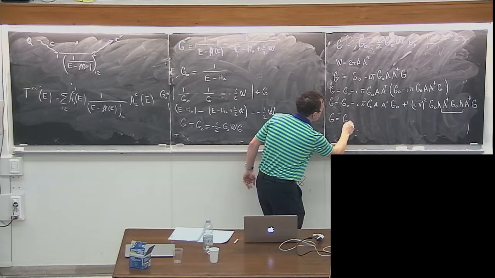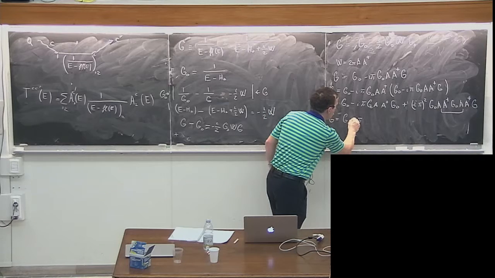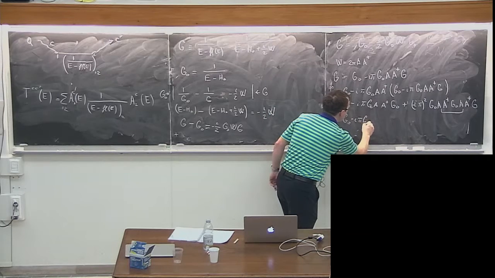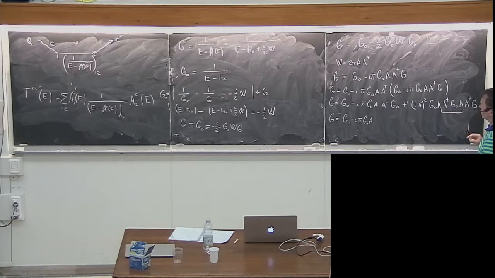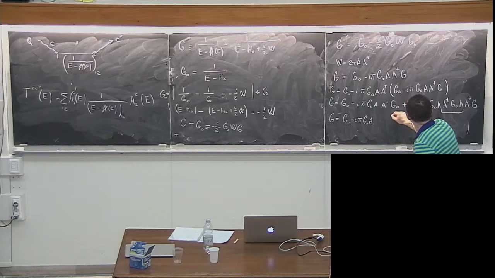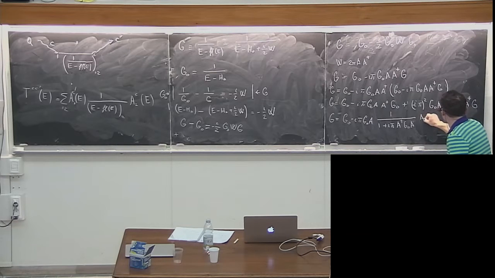So this is G naught, and then minus I pi G naught A, and then I have here a repeated A G naught A. So this will be 1 over 1 plus I pi A dagger G naught A. Right, this is this sign, and then I will have A dagger G naught at the end. So this is a summation of the full series.